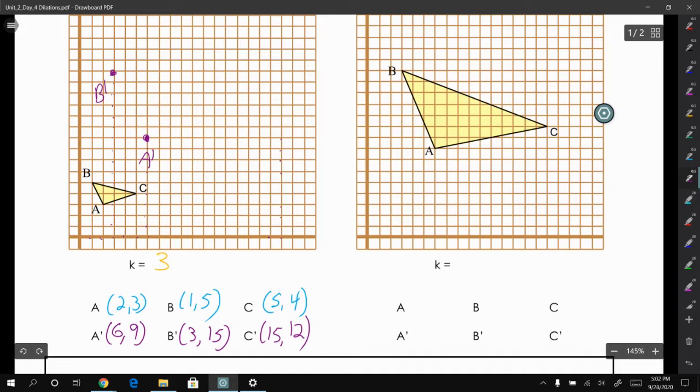It's easy to mess this up, so just make sure you are taking your time and counting. So that's how the dilated triangle looks, and you can see that it's kind of the same shape, but it's obviously a different size.